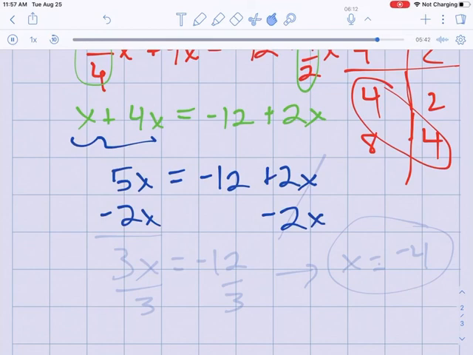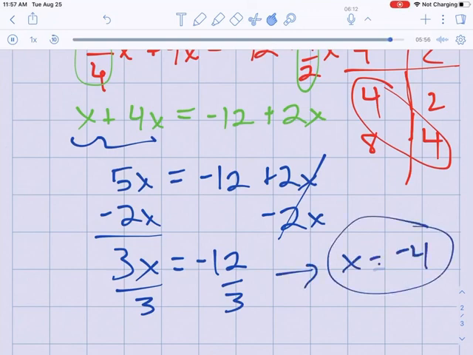So 5x minus 2x gives me 3x, and then these 2x's cancel over here, leaving negative 12. Then divide both sides by 3, and that gives me x equals negative 4. And that's what I got for my answer for question number 7.